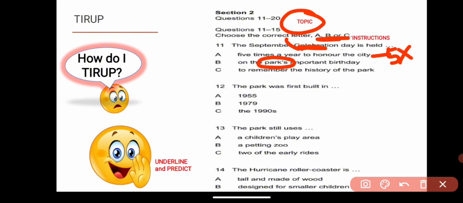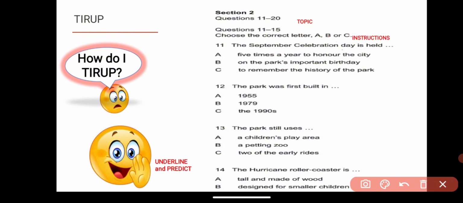Is it about the park? To remember the history of the park. So you can say park's birthday, then park history. You can see these are the keywords here.